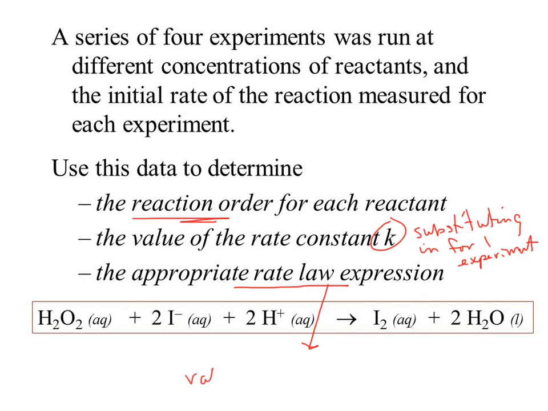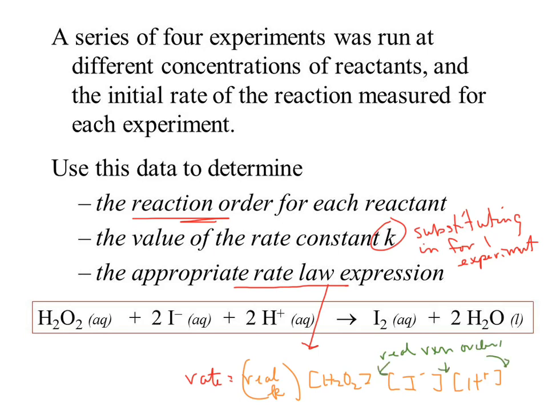So you're going to rewrite rate is equal to, and then you'll have a real value for K, times the molar concentration of each of those raised to their real M, N, and O. So you're going to have real values, real reaction orders here. Okay. All right. So let's do this thing.